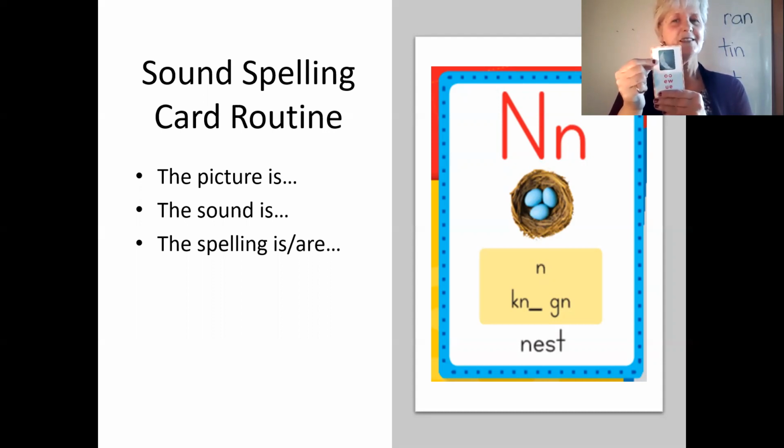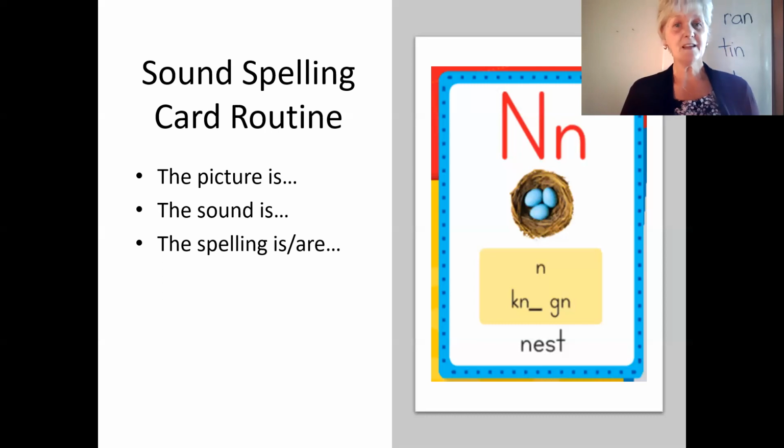Picture. The sound is oo. Sound. The spelling is oo. Spelling. The spelling is EW. Spelling. The spelling is UE. Spelling. So I'm just explicit with them the first time. If I'm reviewing, picture, sound, spelling, spelling, spelling.